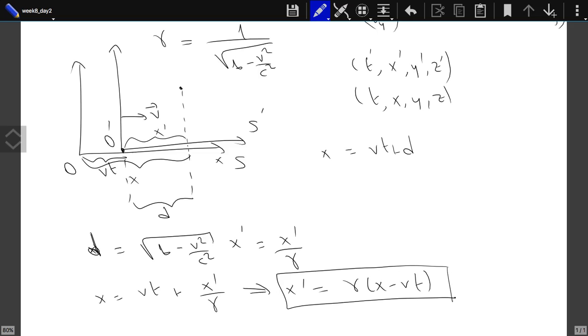Well, we can go to the S prime reference frame. We can consider an observer in the S prime reference frame.